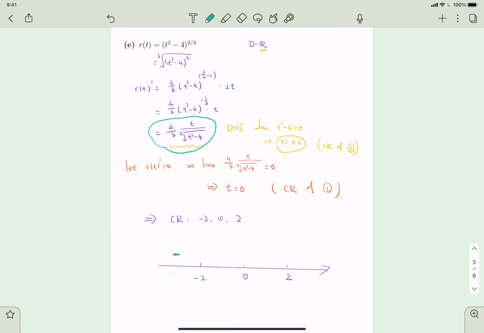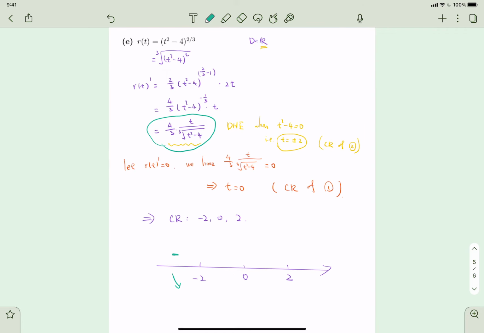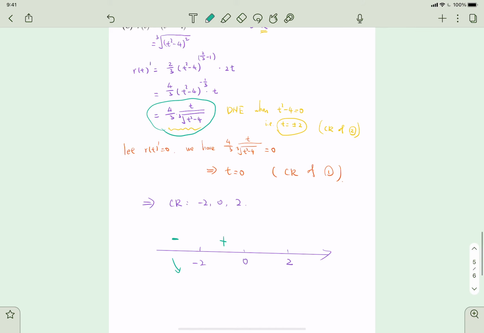So it's decreasing here. If you plug in like a negative 1, it's going to be positive. Right? So it's increasing here.